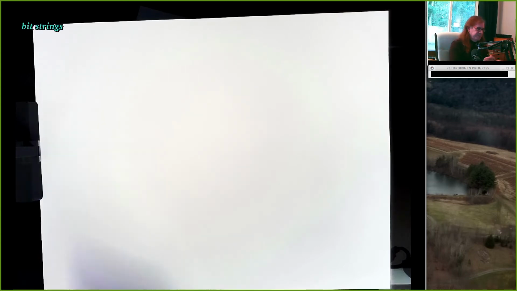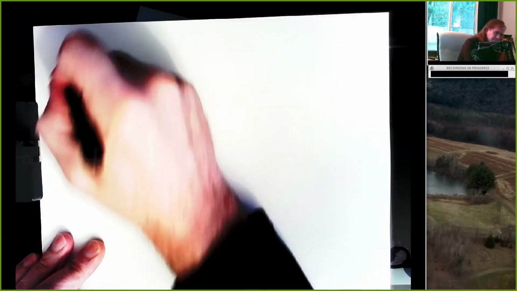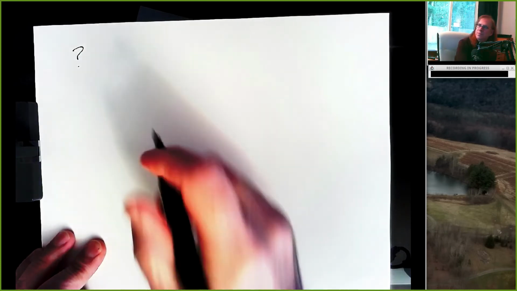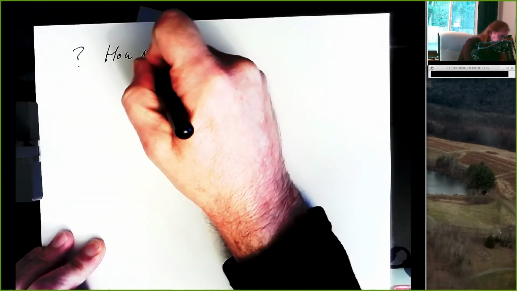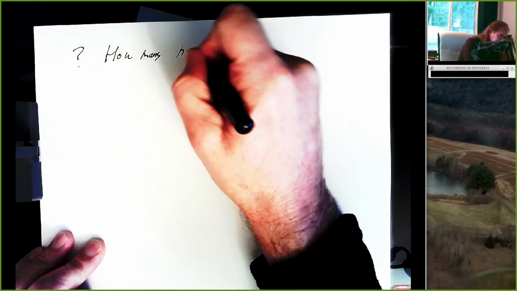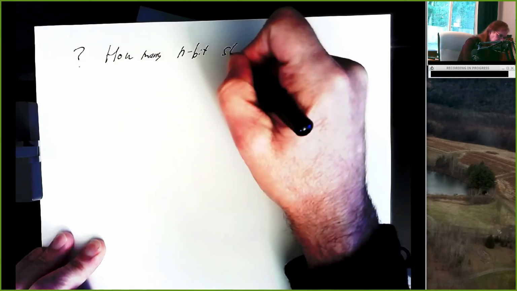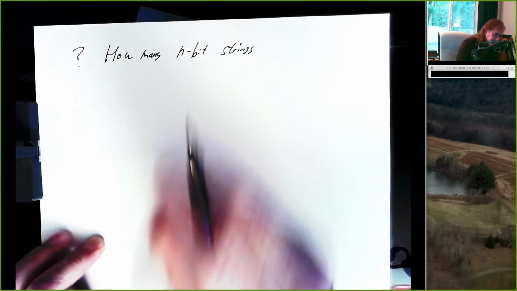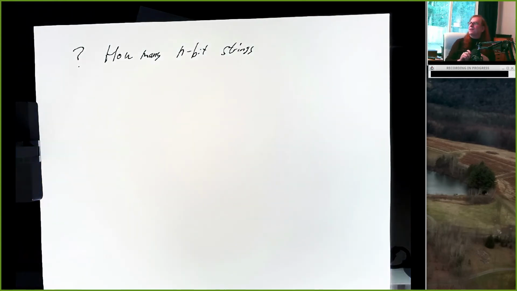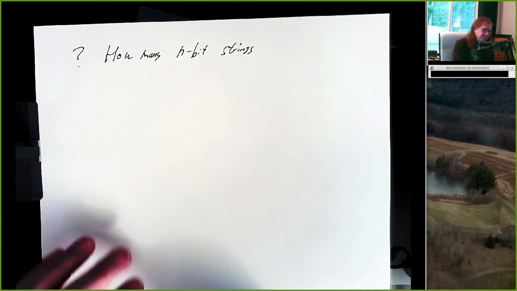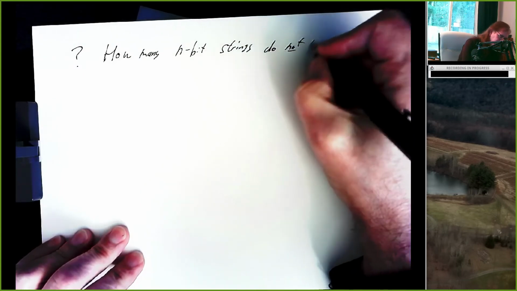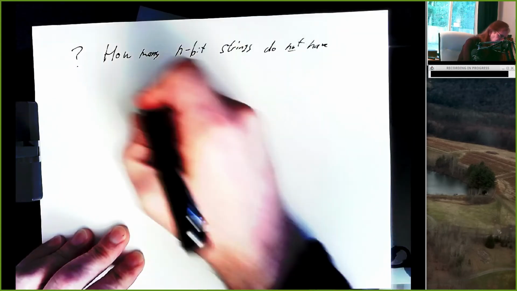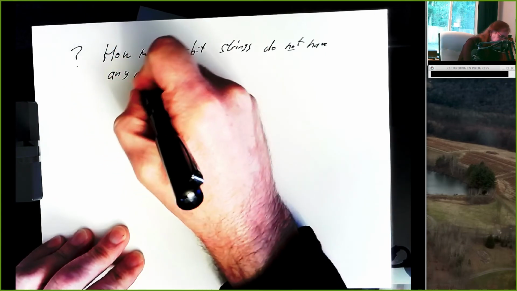And the question is, how many n-bit strings, so strings consisting of n bits, ones and zeros, do not have any consecutive zeros?